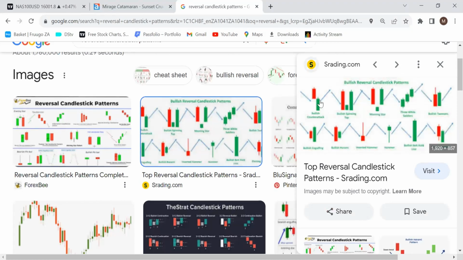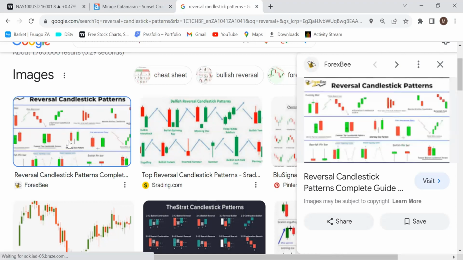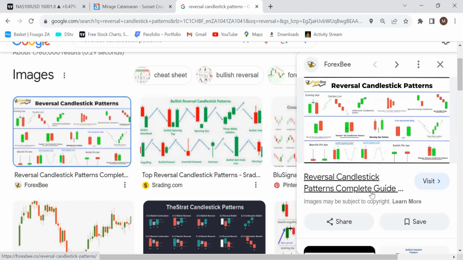So you can see these are the most common ones, this one, this one as well. Those are the main common ones, but you can see we have all types of reversal candlestick patterns, but the ones that we would like to see are basically the bearish pin bars, also the bullish pin bars, and then the morning star as well.